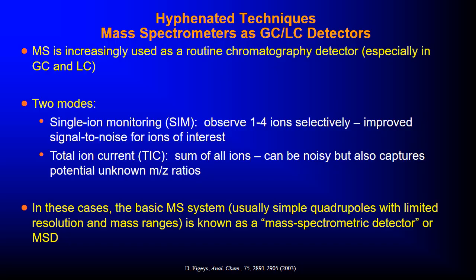In these cases, the basic mass spectrometer system, usually a simple quadrupole with limited resolution and mass range, is known as the mass spectrometric detector, or MSD.